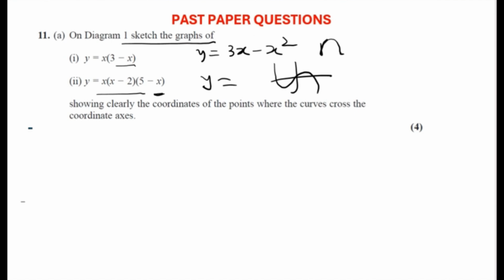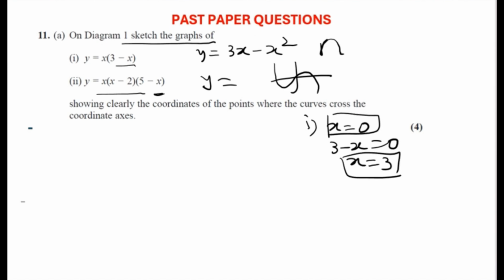For the first function, we have two values: x is equal to 0, and 3 minus x is equal to 0, so x is equal to 3. So we have two coordinates, 0 and 3. For the second function, x is equal to 0, x is equal to 2 and x is equal to 5.